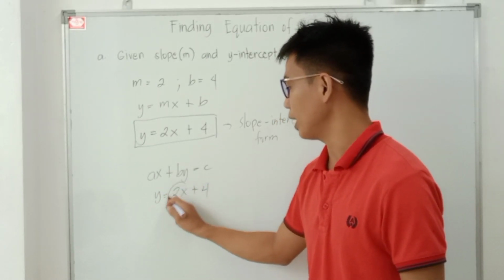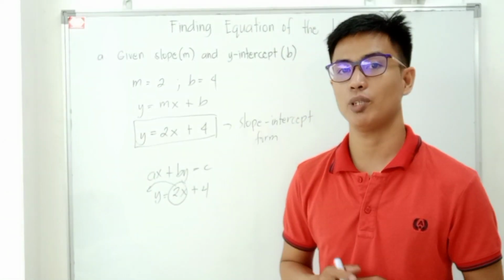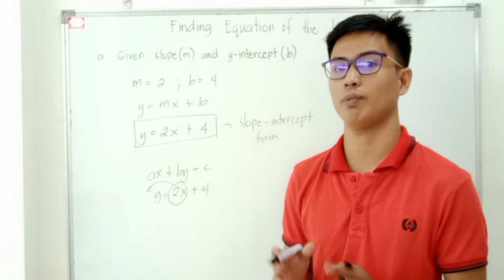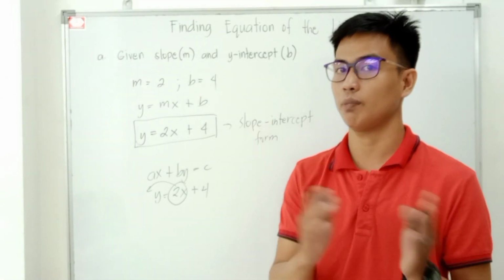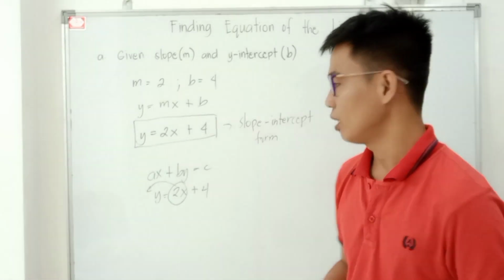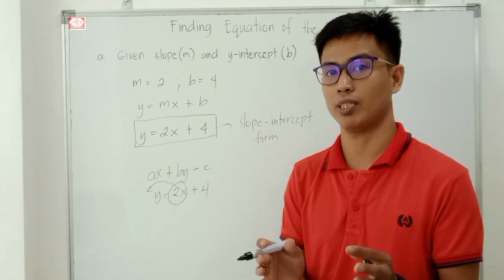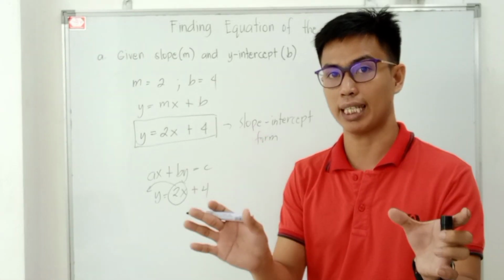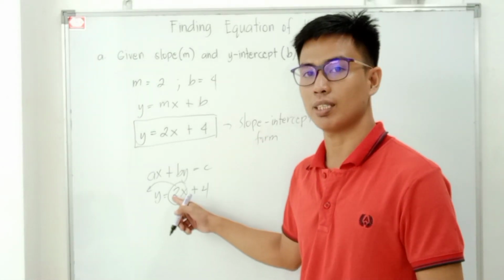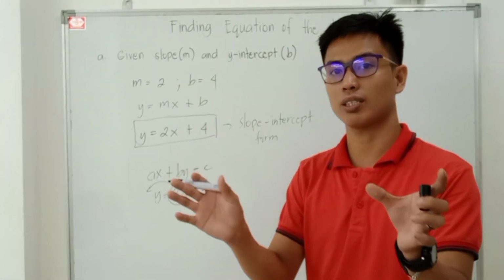Ililipat natin yung 2x dito sa kabilang side. And paano natin gagawin yung paglilipat? We are going to add the additive inverse of the term na ililipat natin dun sa magkabilang side. So, ano yung ibig kong sabihin? Since 2x yung ililipat natin, we're going to add the additive inverse of 2x both sides. So, the additive inverse is negative 2x. So, i-add natin yung negative 2x dun sa magkabilang side.